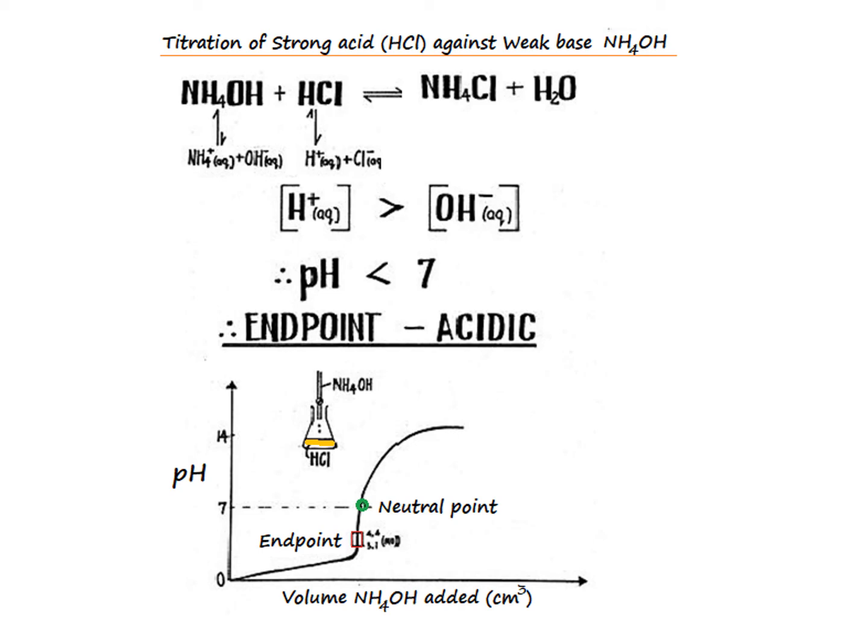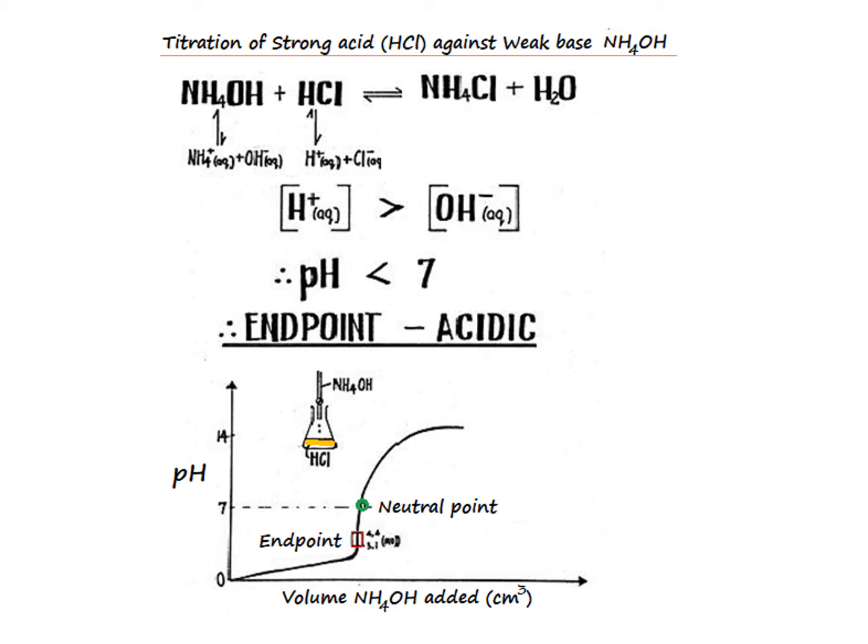Now, if you draw a graph, you will have pH on the y-axis, and you will also then indicate the volume used of the ammonium hydroxide. The graph will always have this kind of curve.